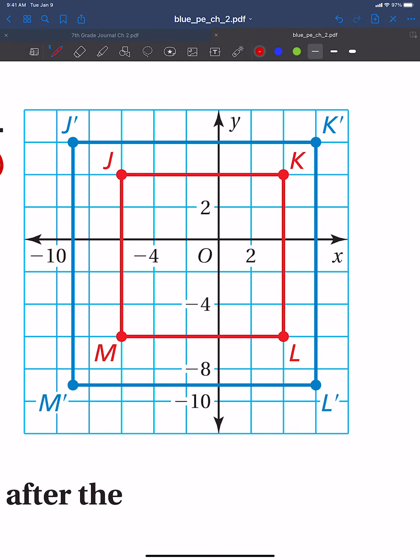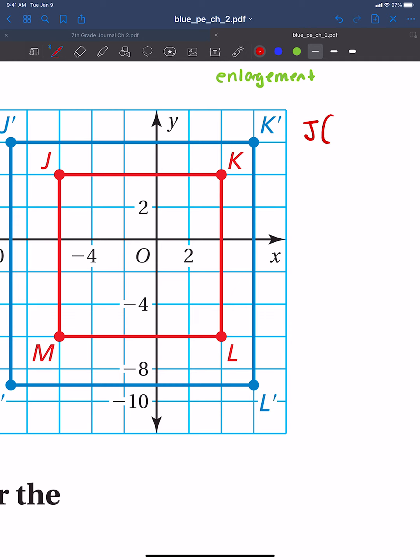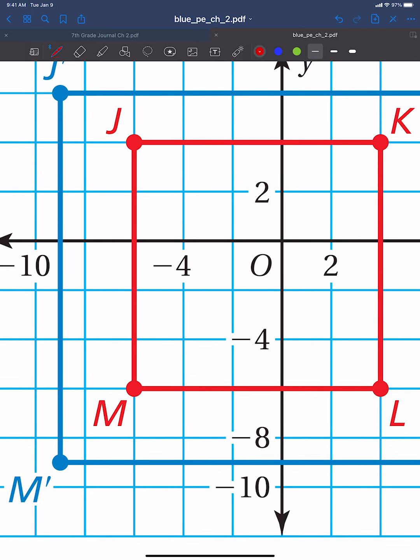I can tell that this is an enlargement because it grew. I'm going to go ahead and pick J and J prime just because they're right there, super easy. All right, J is negative, ooh, gotta be careful again, look at the scale of this. It's going by 2s. So I almost said it was -3, but it's not -3, it's 2, 4, 6.